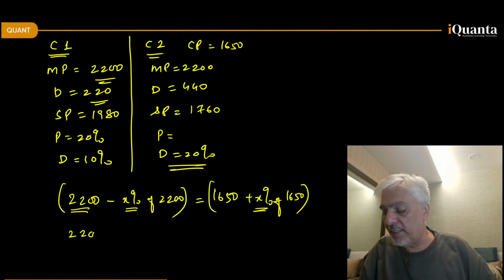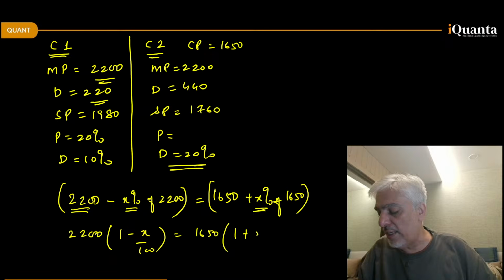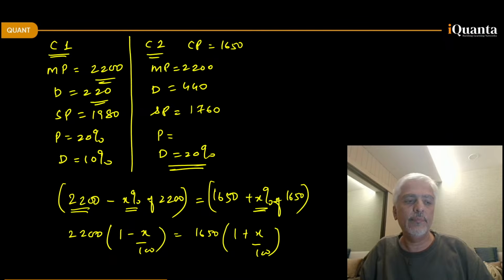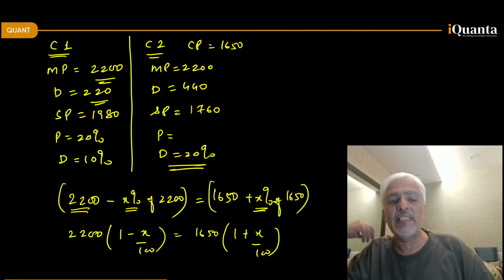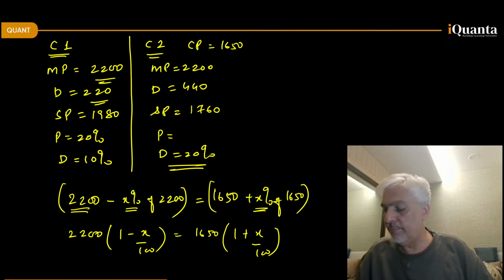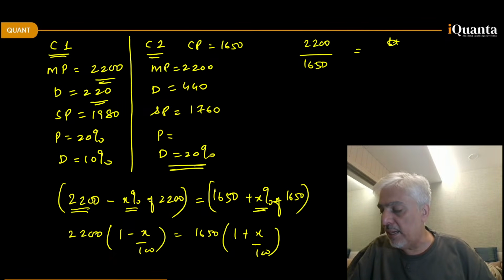So this will be 2200 common, (1 minus X/100) is equal to 1650 common into (1 plus X/100). And then you need to solve this carefully. If I take LCM, I'll get 2200/1650 equals (100 plus X)/100 divided by (100 minus X)/100. ये 100 cut.